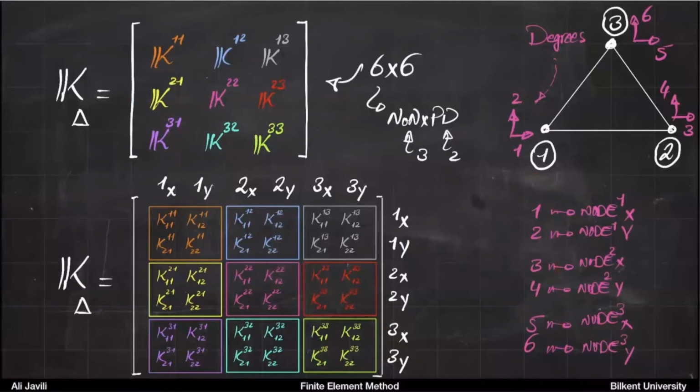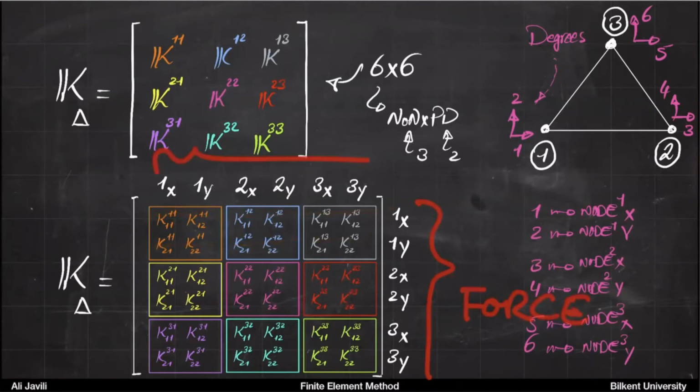So then you would say, well, now if I want to identify these rows and columns, these are the rows because of the forces. So these are how the force would correspond to the rows of the stiffness, and these correspond to the displacements that they are going to be multiplied with.